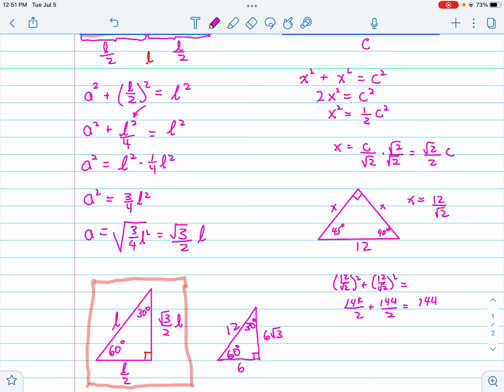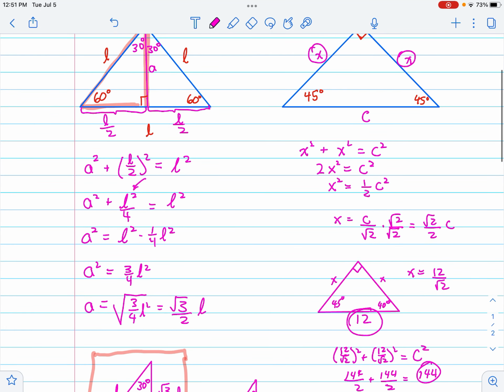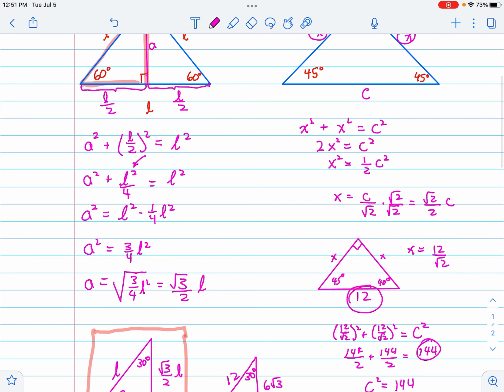Half of 144 plus another half of 144 equals 144. And this is supposed to equal c squared. So c squared equals 144, which means c is equal to 12. So these are the two relationships: each non-hypotenuse side of a 45, 45, 90 triangle is the hypotenuse divided by the square root of 2.